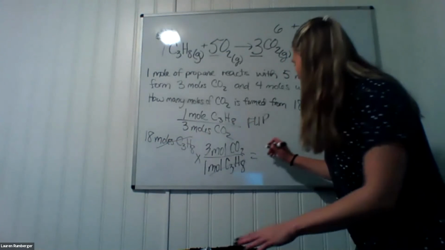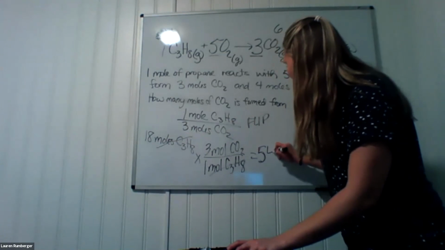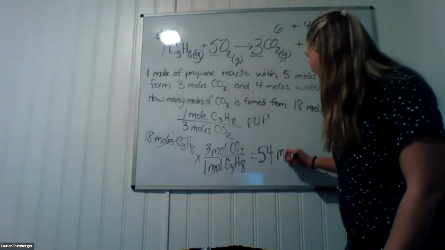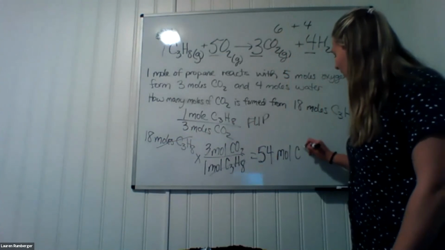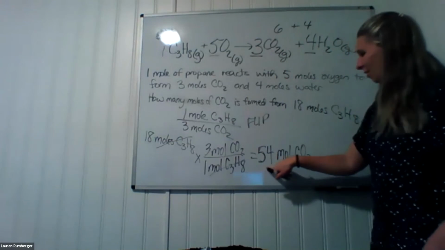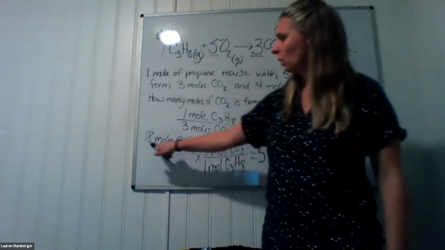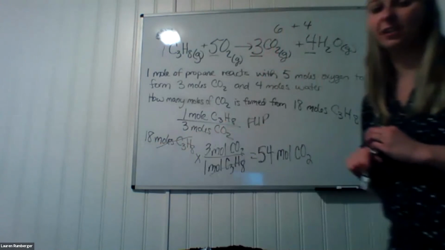Yes, okay. I need to do what I tell my students. I always tell my students, trust yourself. And then, you know, it is what it is. Okay, so 54 moles of carbon dioxide would be formed if you are reacting 18 moles of propane.